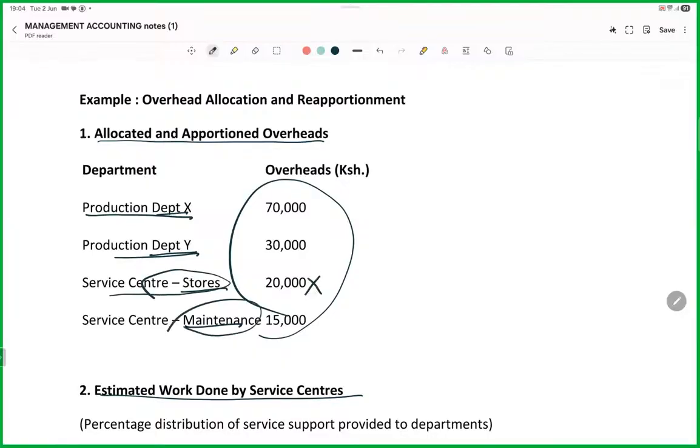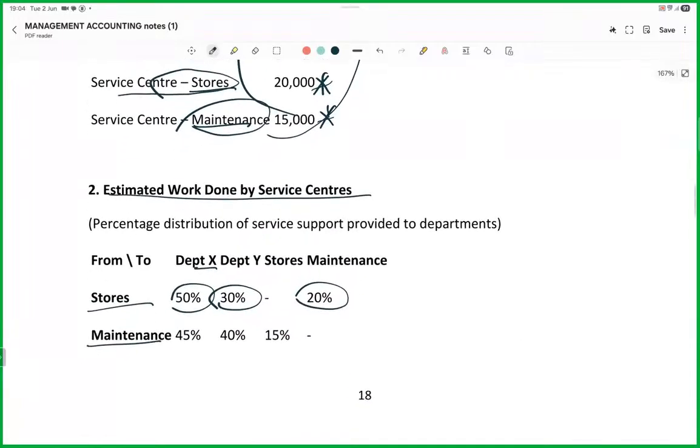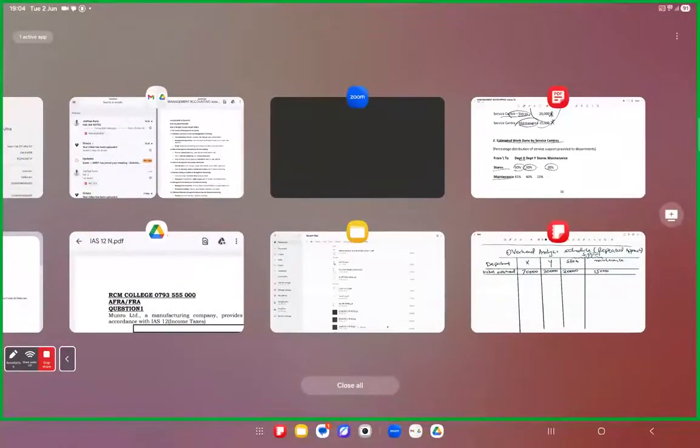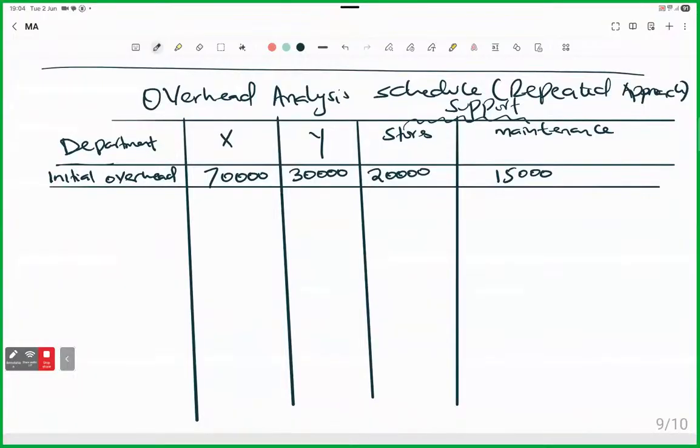They have a cost and overhead inside them. That overhead inside a service center shall always be redistributed, and we shall redistribute it using the first method, repeated distribution. So I have my overhead analysis schedule here using the repeated approach.